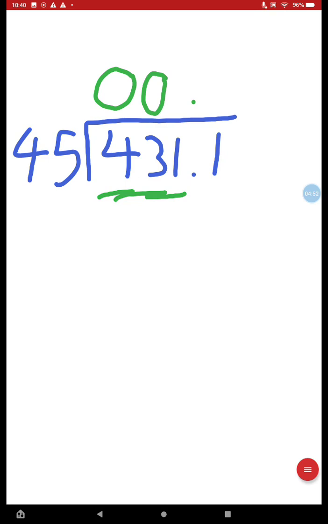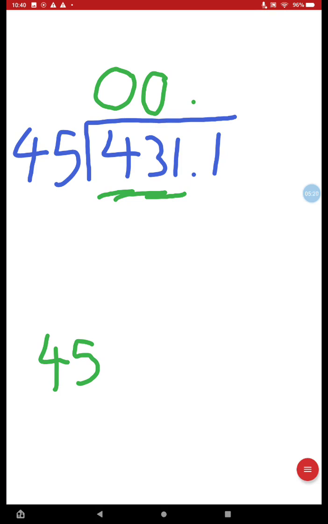Well, remember, how do I know how many times 45 fits in the 431? Well, down at the bottom, I'm going to do a little method called guess and check. Do two-step multiplication. Let's try to make an educated guess out of this, right? 45, if I were to round up to the nearest 10, what would I get? 50, very good.